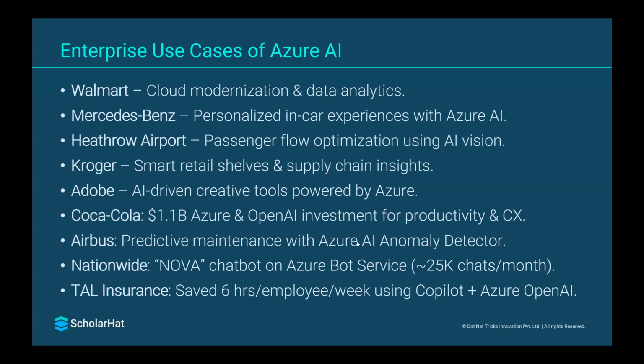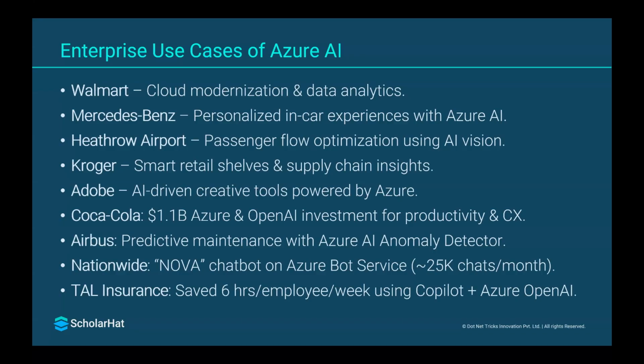When it is coming to the use cases, where actually Azure AI is going to be used: Azure AI is already used by top tech companies in this world. If we take examples, there are Walmart, Mercedes, Heathrow Airport, Adobe, Coca-Cola, Airbus, Nationwide, and Tel Insurance.